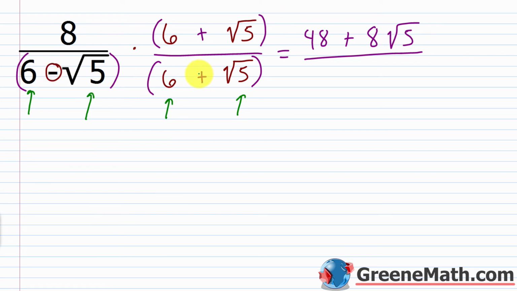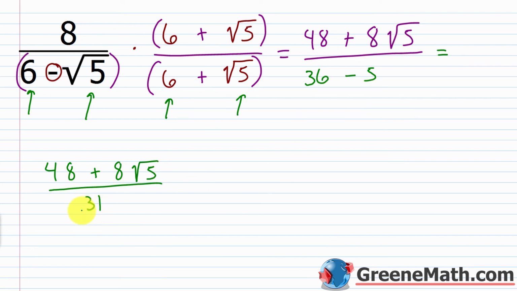So I can use that little formula to speed up the process: the first guy squared, 6 squared is 36, minus the second guy squared, square root of 5 squared is just 5. So my denominator is going to be 31. So I would have 48 plus 8 times square root of 5 over 36 minus 5, which is 31.